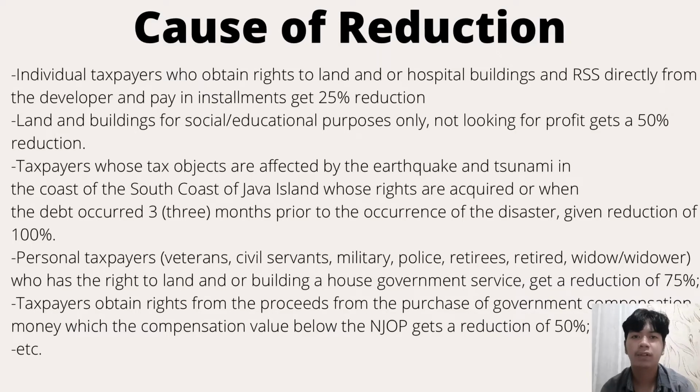Land and buildings for social or educational purposes only, not looking for profit, get a 50% reduction. And taxpayers whose tax objects are affected by an earthquake or natural disaster, and whose rights occurred when the debt occurred 3 months prior to the disaster, get a reduction of 100%.